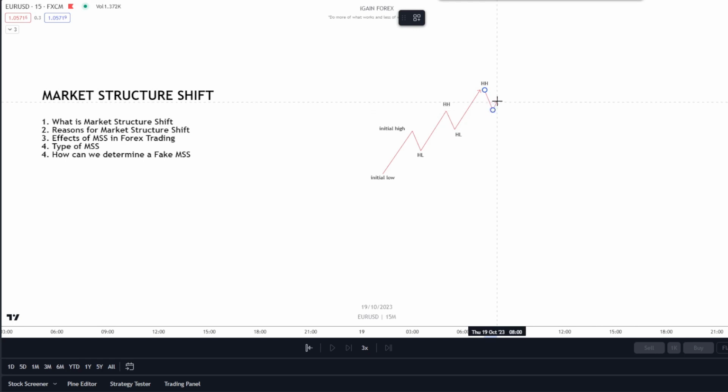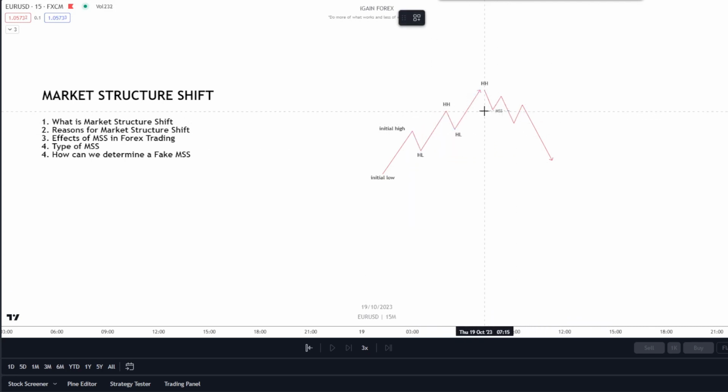For example, this happens there. This is an internal market structure shift.